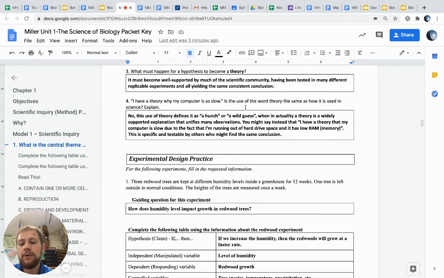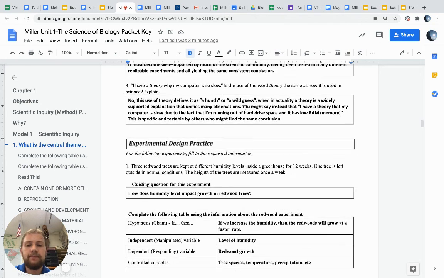That theory has been tested and replicated hundreds, if not thousands, of times over the years, and they all yield a consistent conclusion. If sometimes they were discovering something else, and sometimes what Darwin had found, then it wouldn't be a theory. It would still be a hypothesis. But it's a theory because it's widely supported and it's replicated time and time again to the same conclusion.